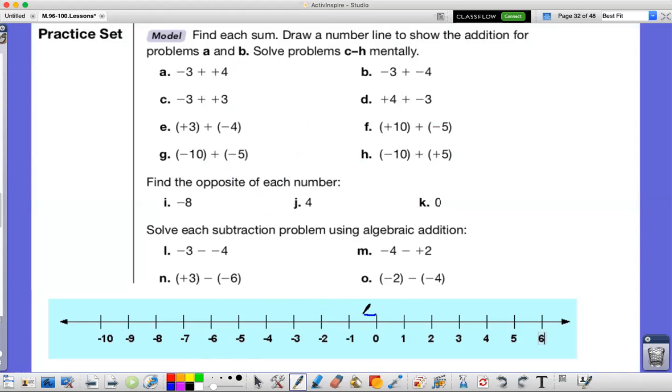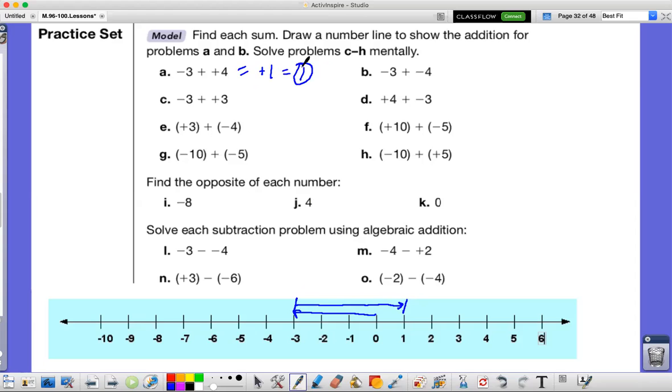Negative 3, that's to this point, plus a positive 4. So we have to go back this way. And where are you going to end up on this one for letter A? Where is it going to finish? If you had it finish at positive 1, you got it right. Positive 1, which also equals just 1.